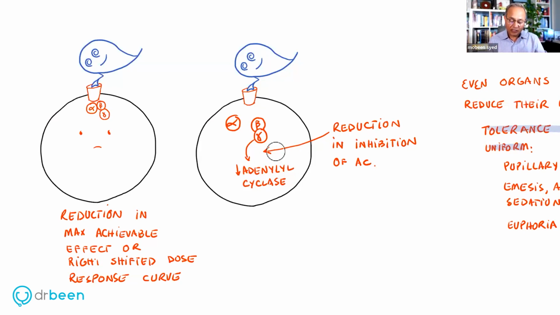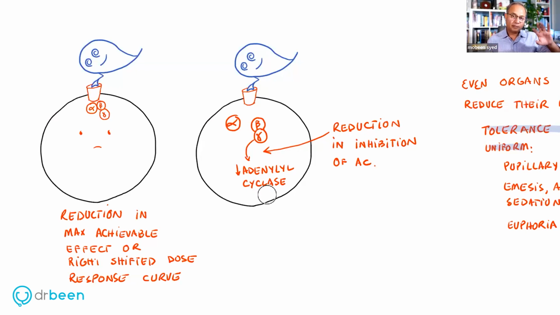Now, this particular pathway, body starts resisting this pathway's downward activity. So how does the body resist this? What we do is that our cells start making more adenylyl cyclase. So this is a very important point to keep in mind, that as the opioids are suppressing the activity of adenylyl cyclase, the cells are now responding by producing more adenylyl cyclase.